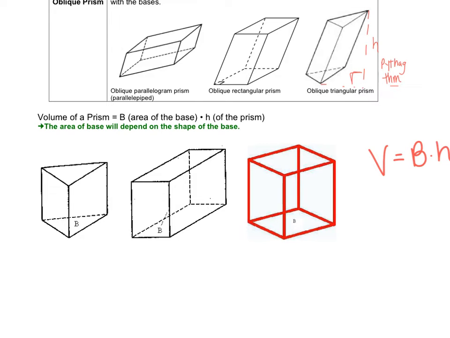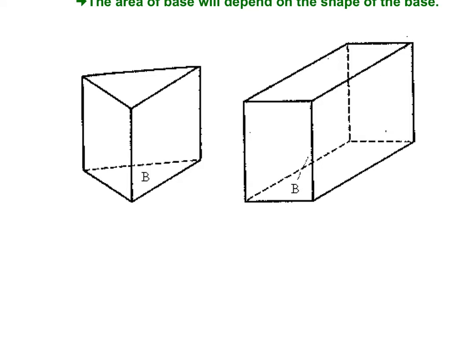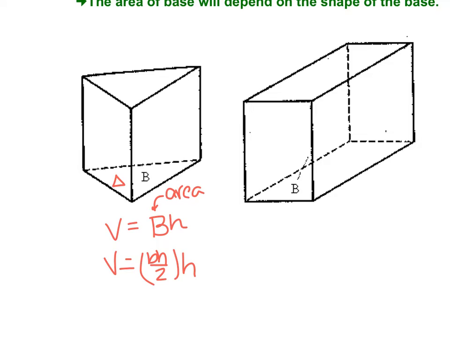So for instance, if I want to find the volume of this image, my volume would be BH. This is a triangle, and this B stands for the area of your base. So if I'm doing the area of a triangle, I know my volume is going to be BH over 2 times H. And then over here, I have a rectangle.